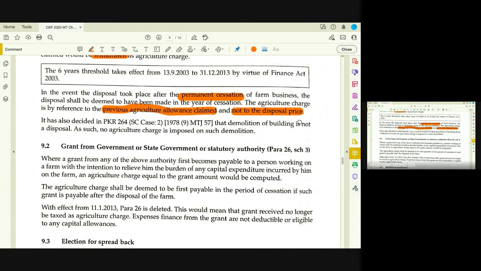It has also been decided that demolition of a building is not a disposal, so you don't have to impose agriculture charge when you have a demolition of a building on the agriculture farm. As such, no agriculture charge is imposed on such demolition.